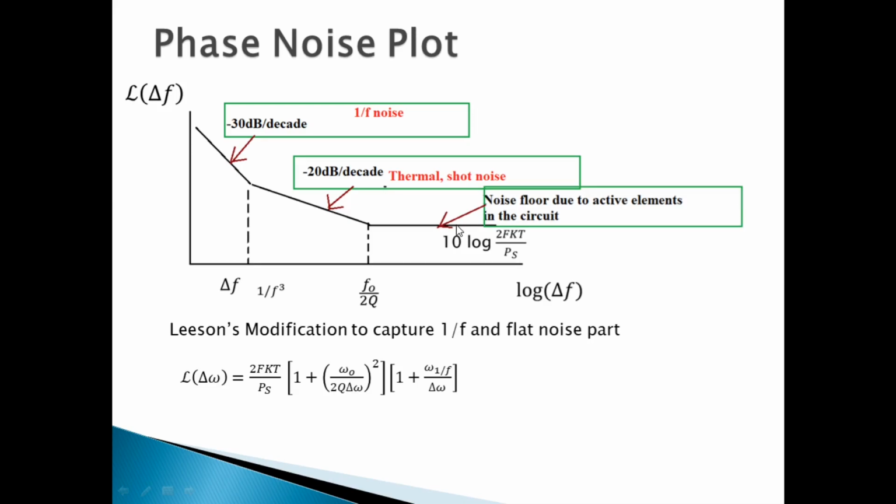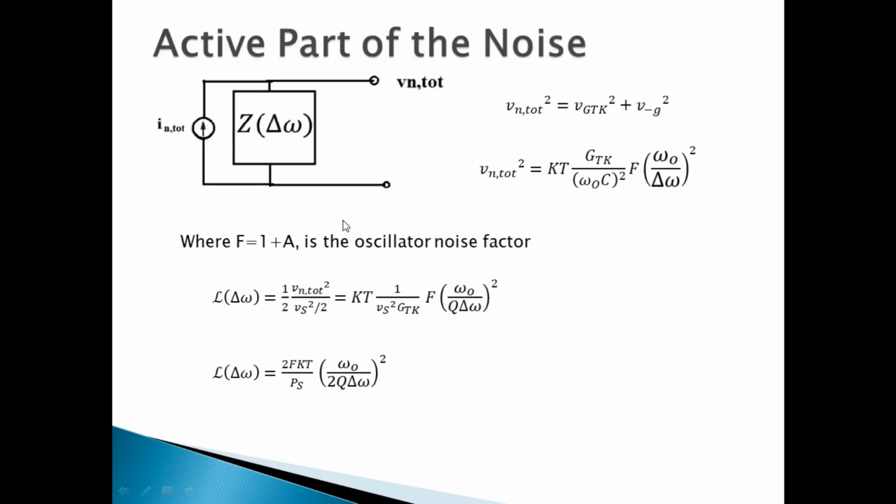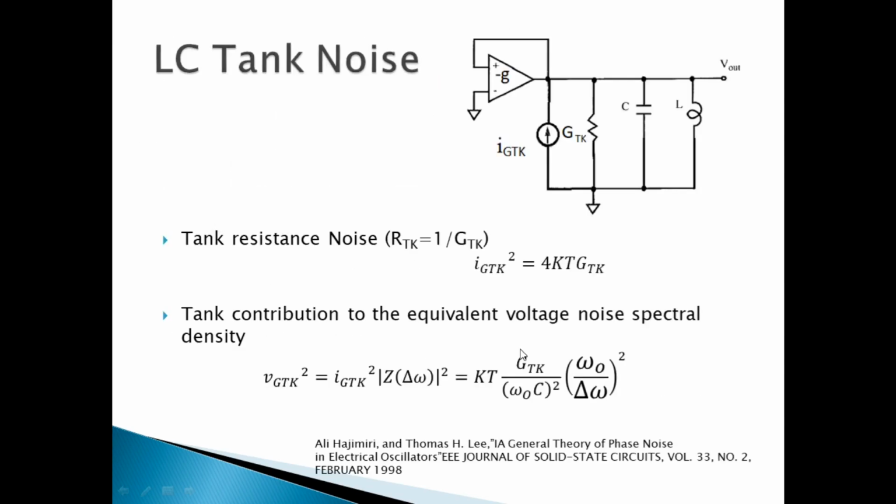The minus 20 dB per decade in the phase noise is explained using the LC tank, which we have seen in this slide here.